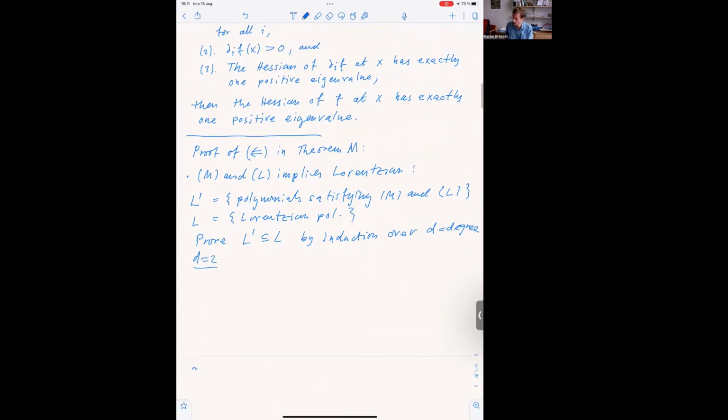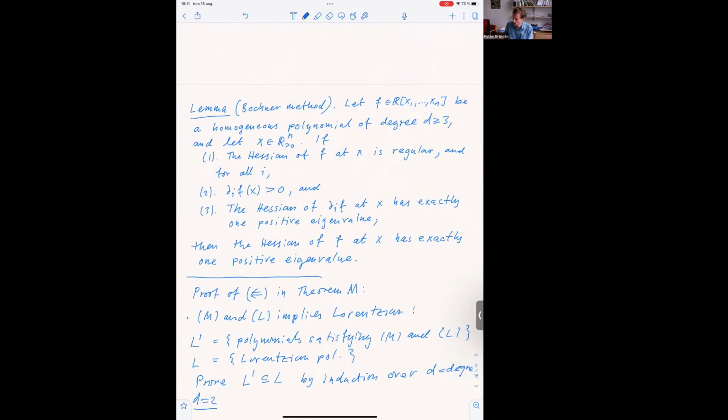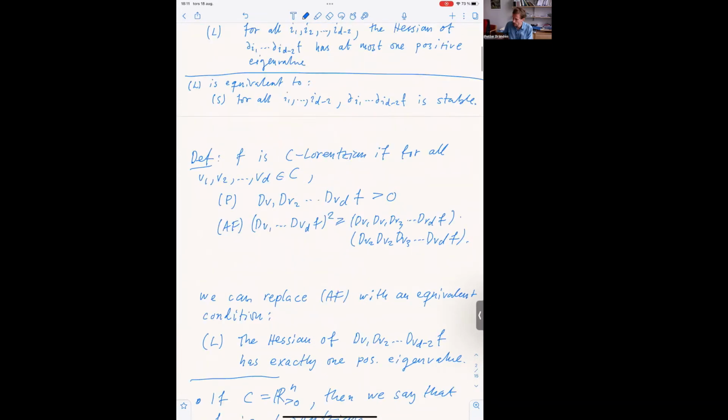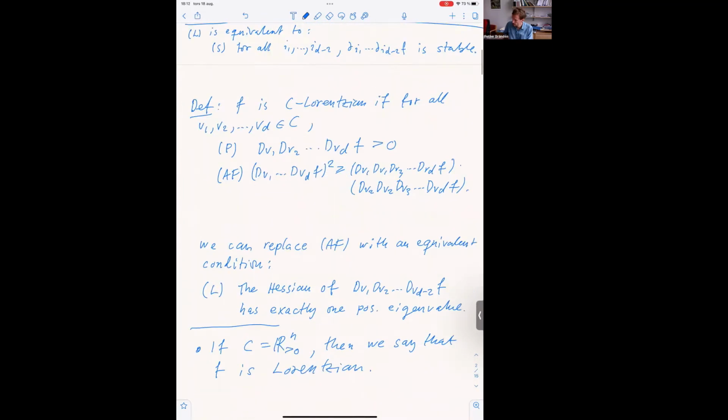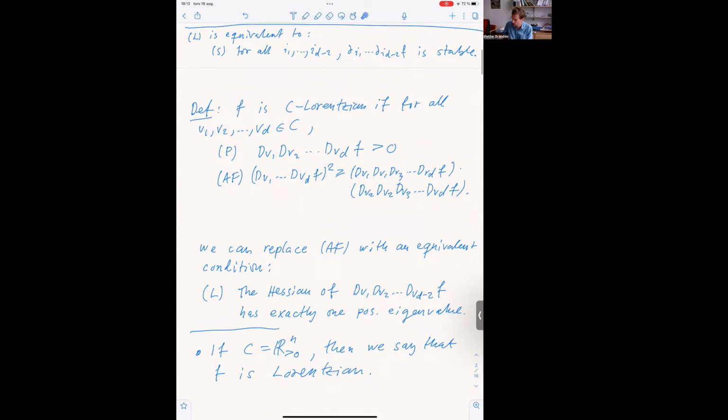If d is 2, then if we go back here, we don't have to do any derivatives at all. So this only says that the Hessian of f has exactly one positive eigenvalue.